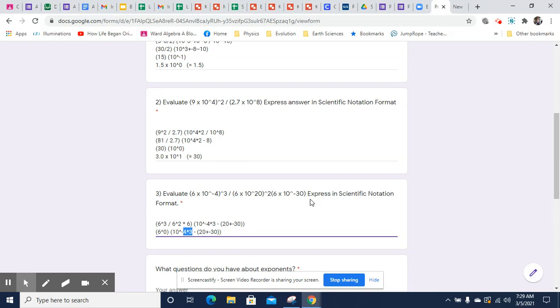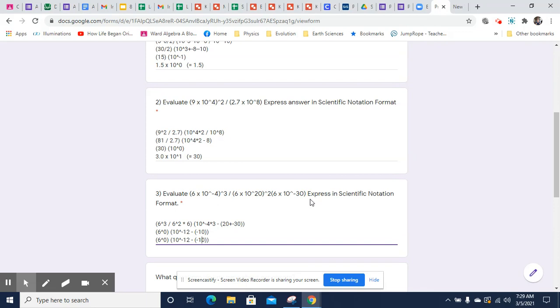Okay, and then I'm going to simplify over here. Negative 4 times 3 is negative 12. And then in the parentheses, I've got 20 plus negative 30, which is negative 10. Now I'm going to copy that to the next row and finish simplifying it there. So now I've got 10 to the negative 12 minus negative 10. That's going to work out to negative 12 plus 10, so that's negative 2.